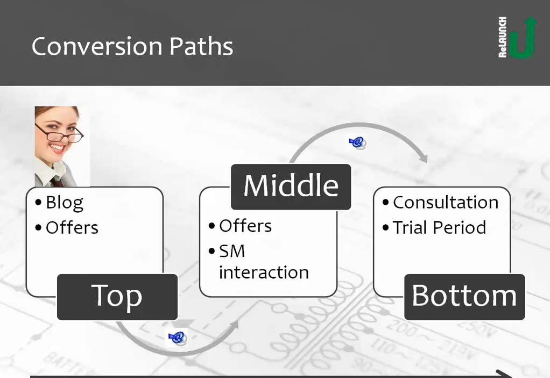A conversion path focuses mostly on your buyer persona, and the top of the funnel things are going to be the most interest to you, your blog articles and your offers that they can download. And you're sending them emails periodically, letting them know about what else is available that's leading them more towards the middle of the funnel. And maybe at that point you can also start engaging with them through social media, or they've chosen to do that with you by following your Twitter account, or connecting with you on LinkedIn.